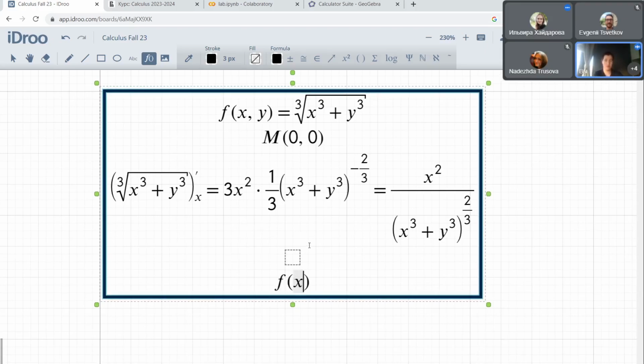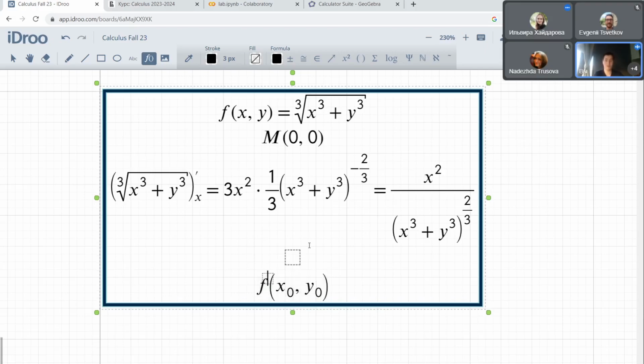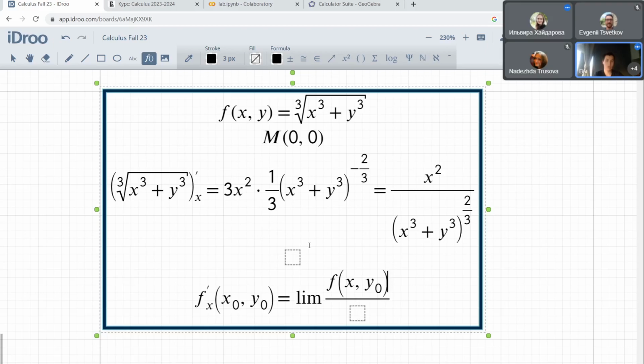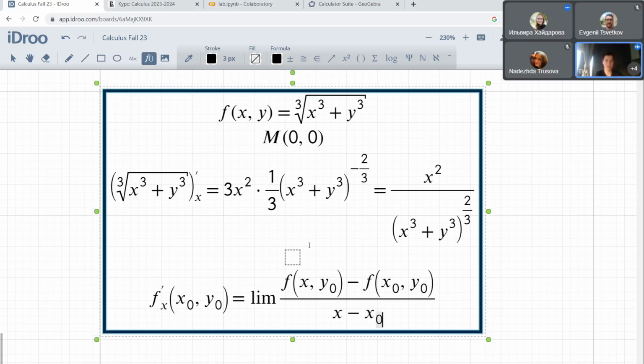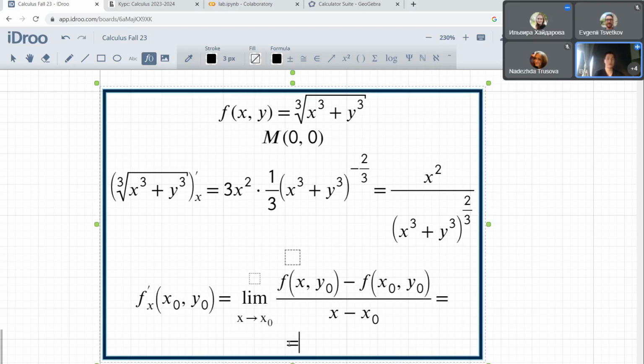We know that the definition of partial derivative at the point x0, y0 can be rewritten in the following form: the limit of f(x, y0) minus f(x0, y0) over x minus x0, while x approaches x0. That's a formal definition of partial derivative.